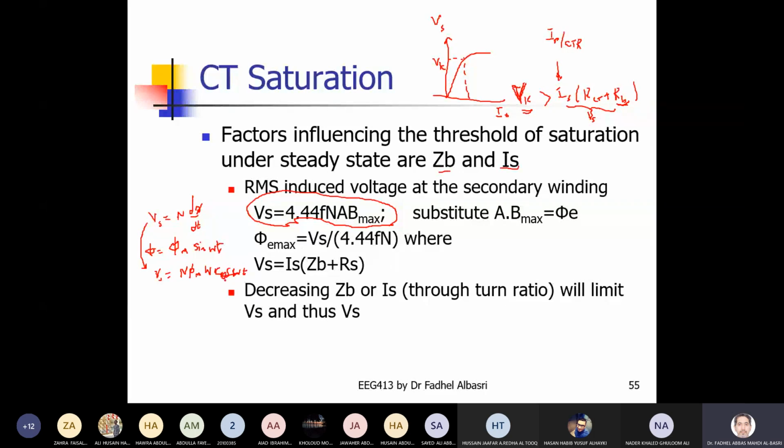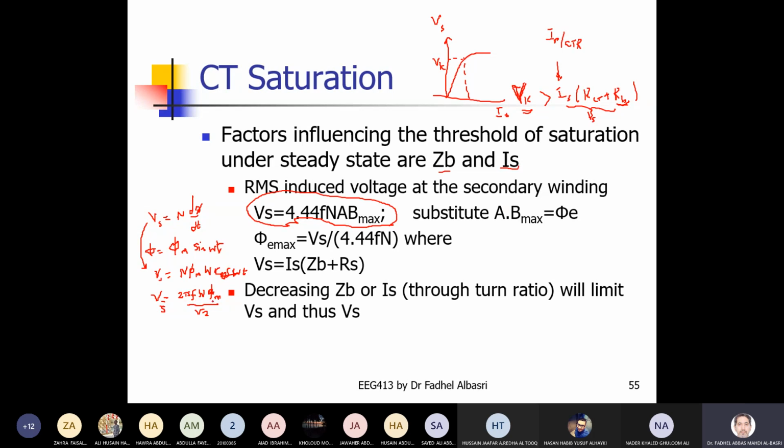Taking the RMS of this, V RMS is the peak over root 2. So it is 2 pi f, which is omega, times N times phi maximum over root 2. That's the RMS value.